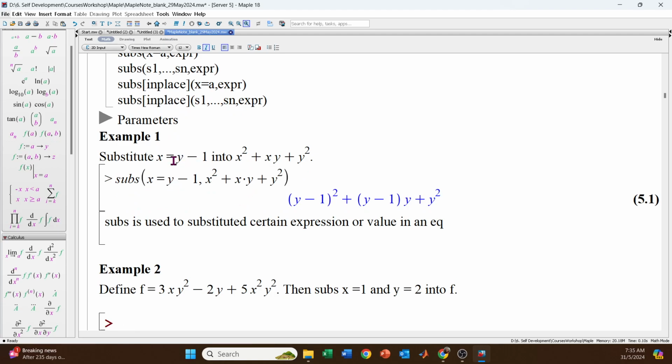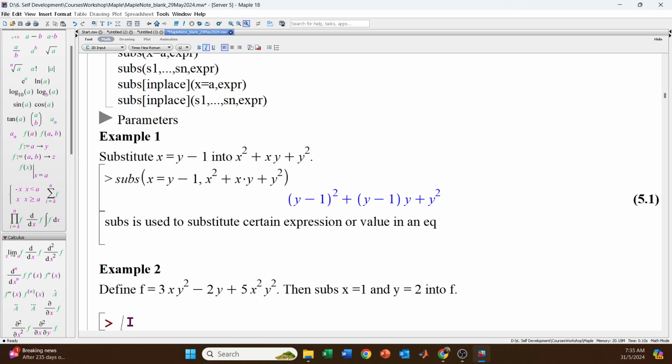So x will be substituted by y minus 1. So substitute is used to substitute a certain expression or value in an equation.